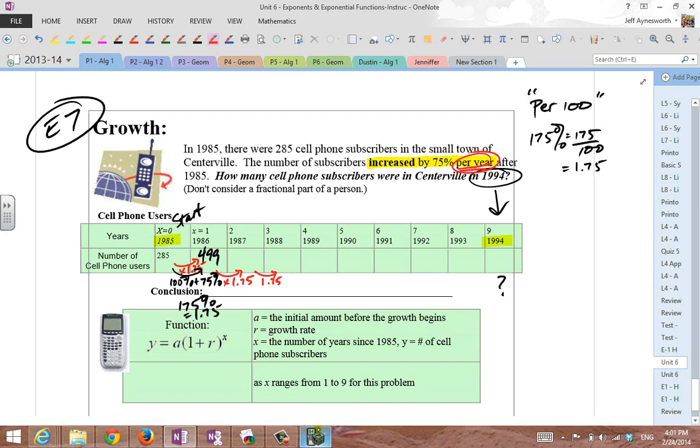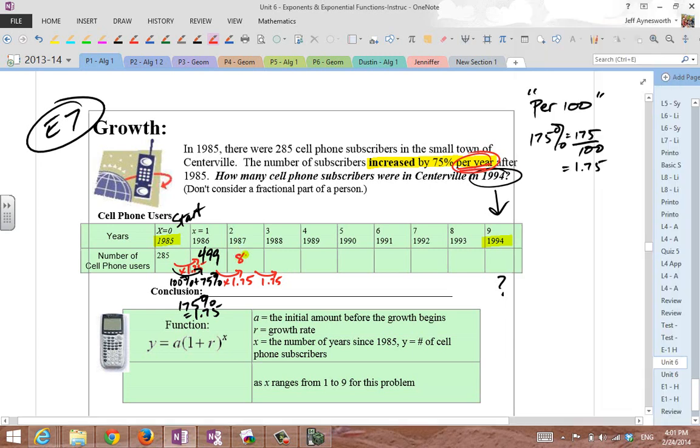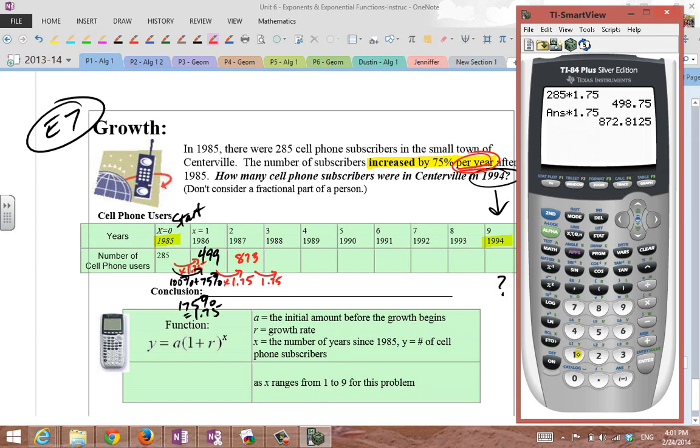So to do that, you just go times 1.75, and in 1987, there's roughly 873 cell phone subscribers. So let's put that in, 873. And you keep on doing that, times 1.75. And you figure out how many cell phone subscribers there are for each year if it increases 75% per year.